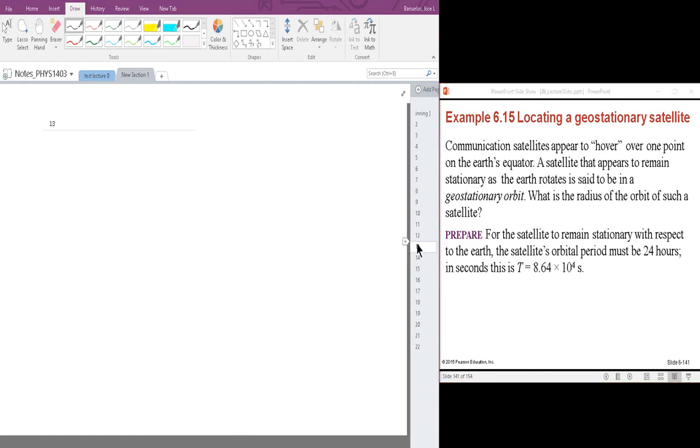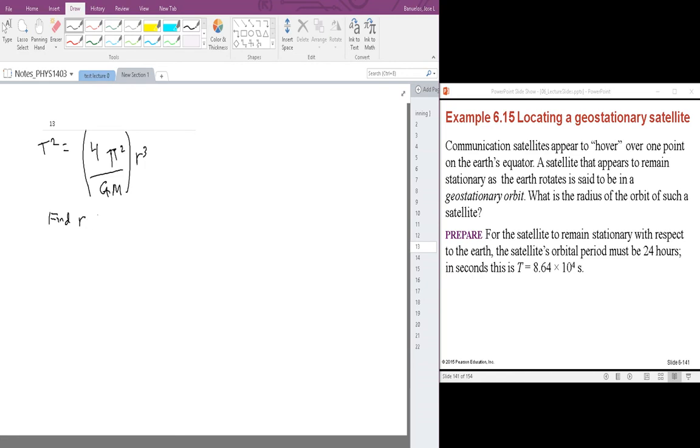So we're going to have T squared is equal to 4 pi squared over GM times r cubed. So that's a constant. And in this problem, we want to find the radius.